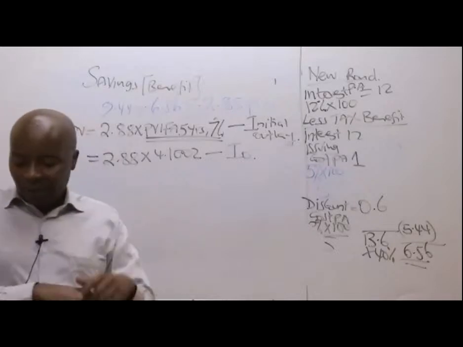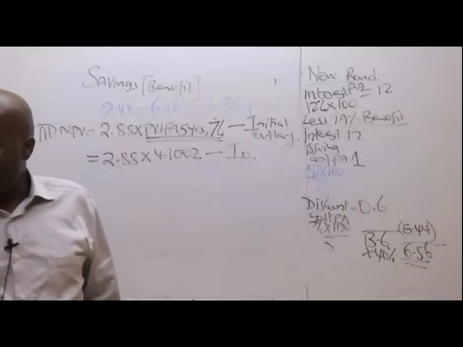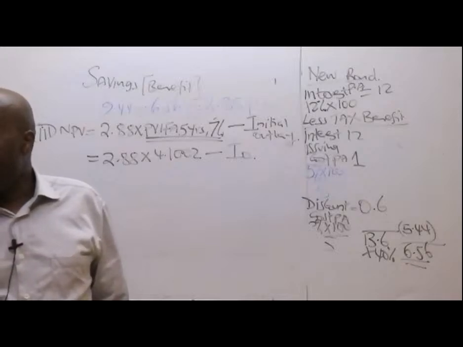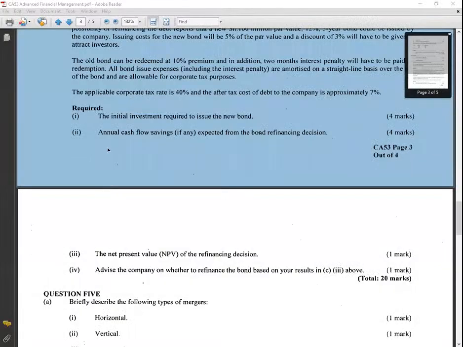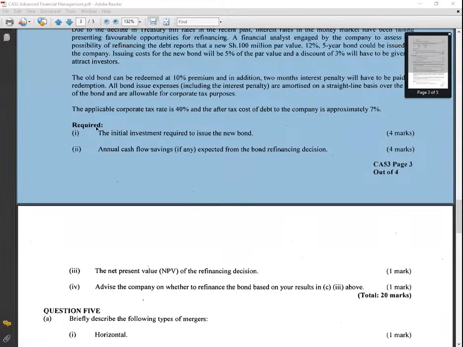Now, ladies and gentlemen, thank you. Initial outlay ndio mali kuna kakibarua kidogo tu, hata kana noma. Initial outlay haina noma. So hii initial outlay ndio umeulizwa hapa in Roman 1. Check this. The initial investment required to issue the new bond. The initial investment required to issue the new bond.